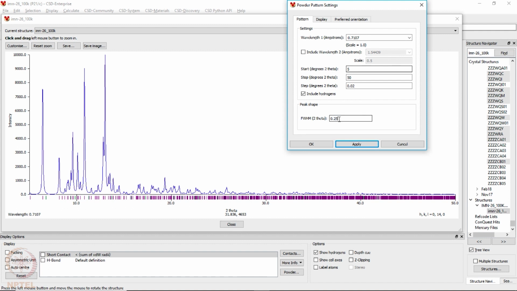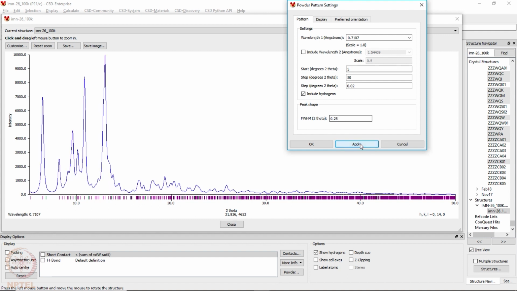So by default you will have the FWHM about 0.25 degree in 2 theta, and you will get a more featureless, or rather merged, powder X-ray diffraction pattern using molybdenum radiation.